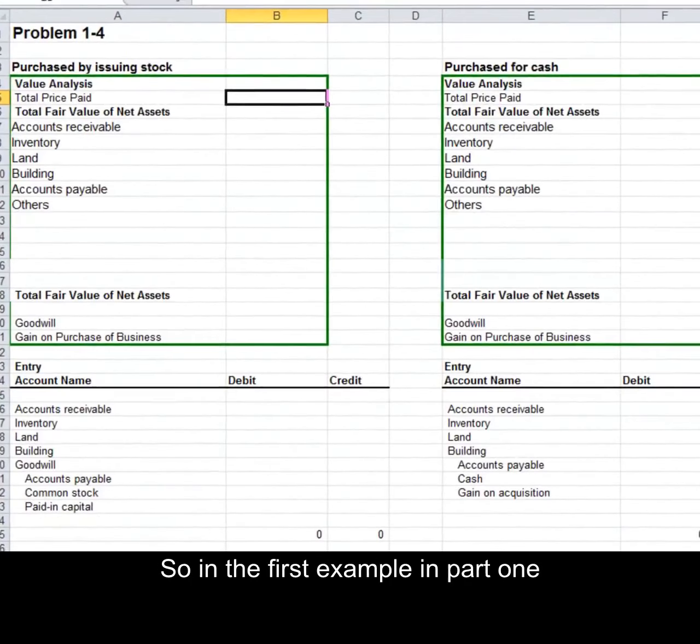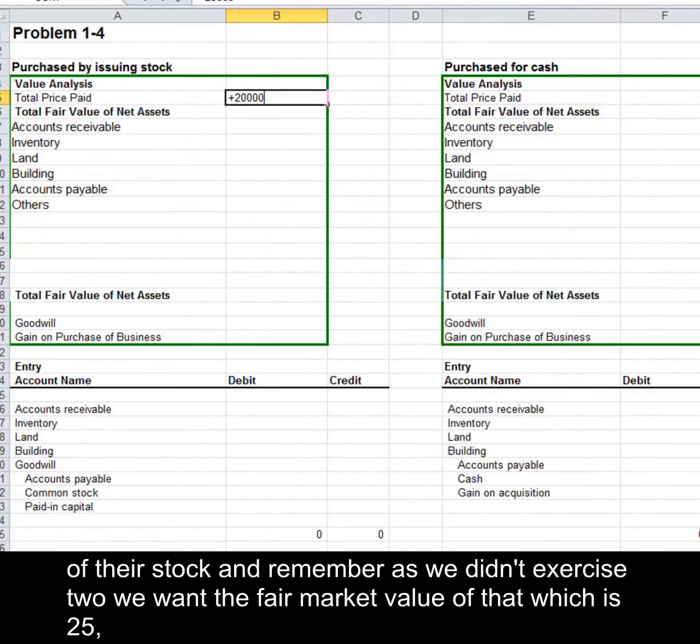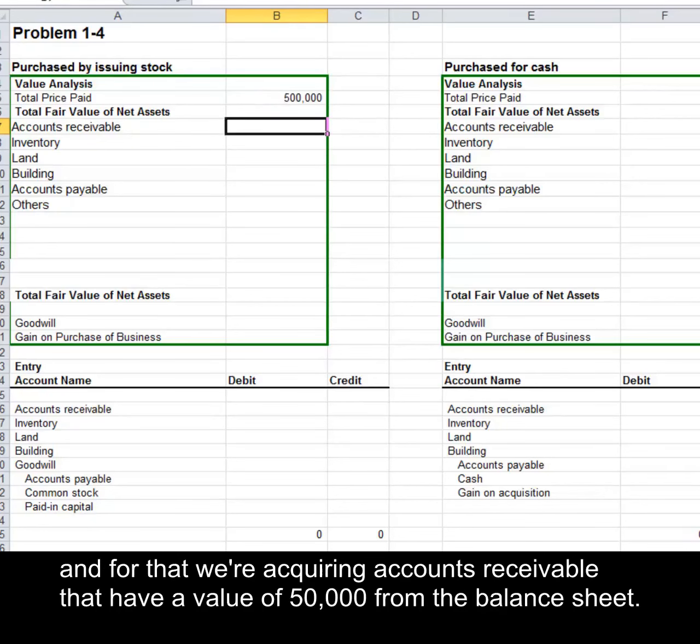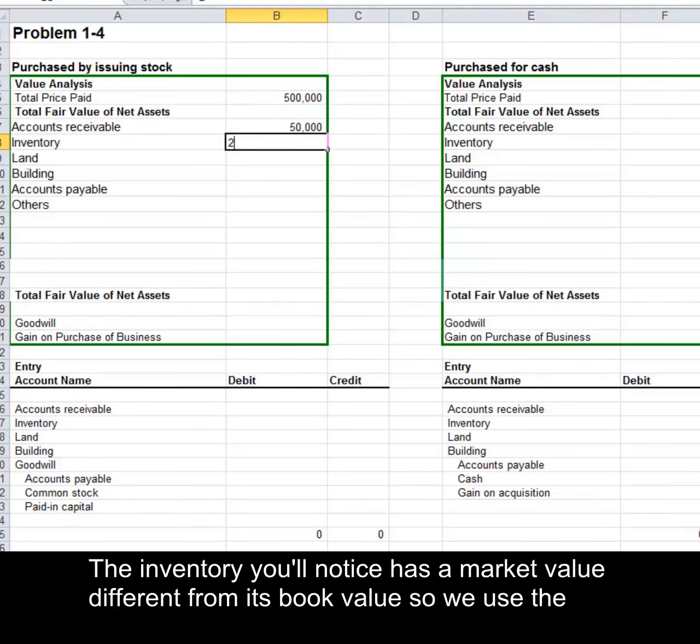So in the first example, in part 1, they are issuing 20,000 shares of their stock. And remember, as we did in Exercise 2, we want the fair market value of that, which is 25. So the total consideration being paid is 500,000. And for that, we are acquiring accounts receivable that have a value of 50,000 from the balance sheet. The inventory, you'll notice, has a market value different from its book value, so we use the market value.